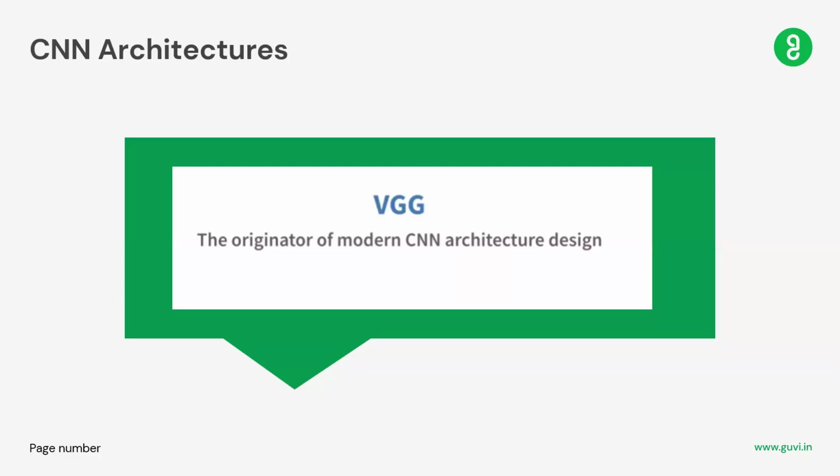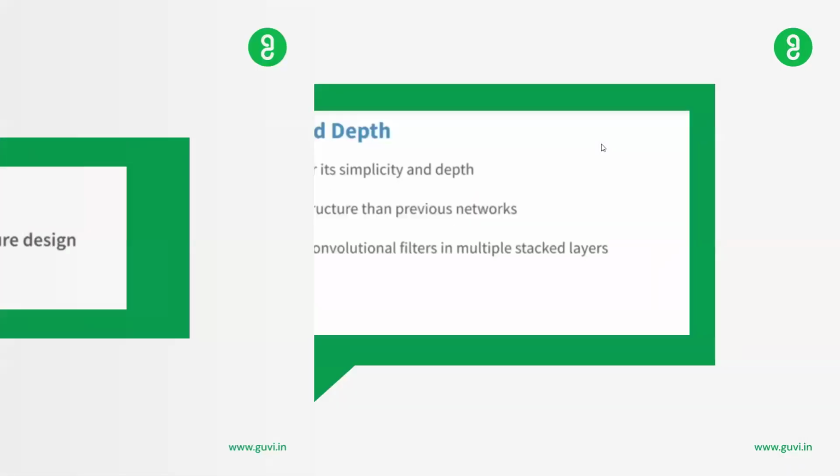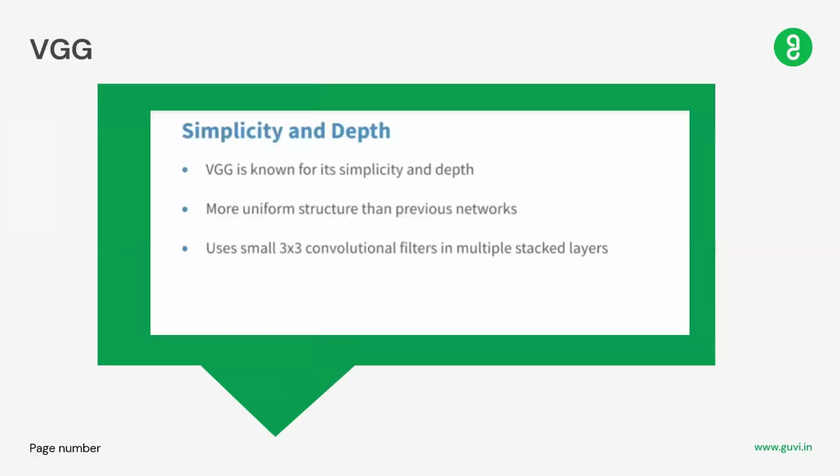VGG is known for its simplicity and depth. Before VGG, most neural networks used a variety of layer sizes and types, making them hard to scale and generalize. VGG introduced a more uniform structure using small 3 by 3 convolutional filters and stacking multiple layers.